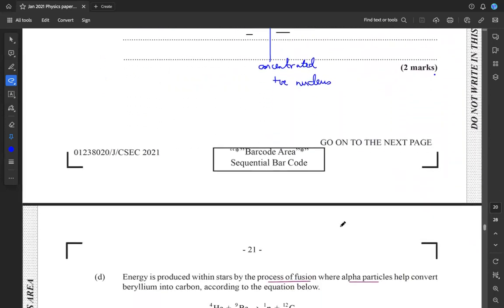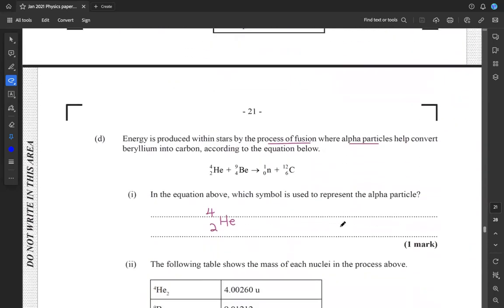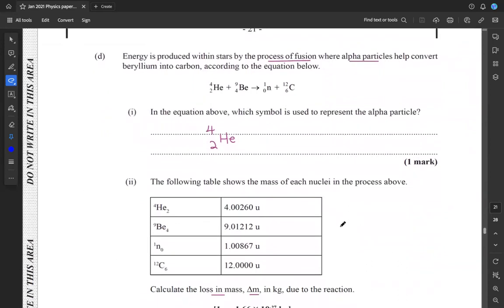Moving right along to part D of this question. Part D states that there's energy produced within stars by the process of fusion, a fusion process where alpha particles help convert beryllium into carbon according to the equation below.